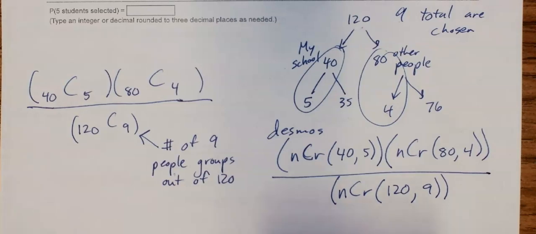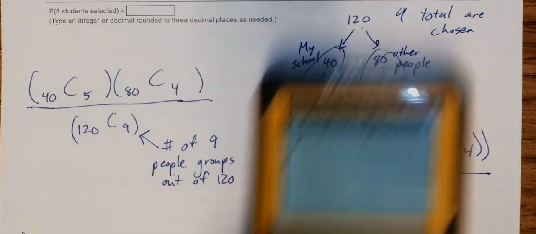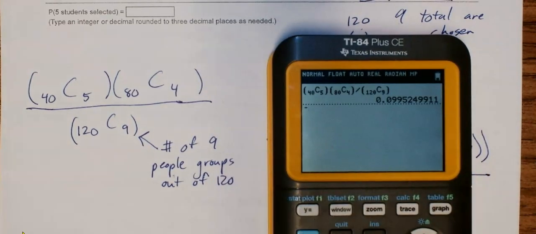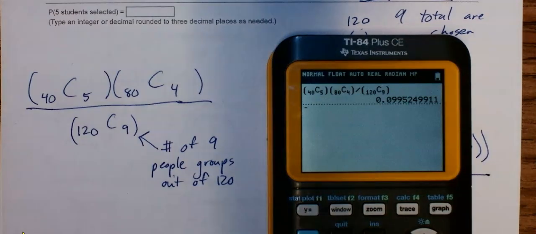We need to all come up with the same value, so please make sure it should be a little bit under 10%, which is actually surprising to me. I thought it was going to be lower than that. So no matter which way you typed it, you should be getting this number, 0.0995.